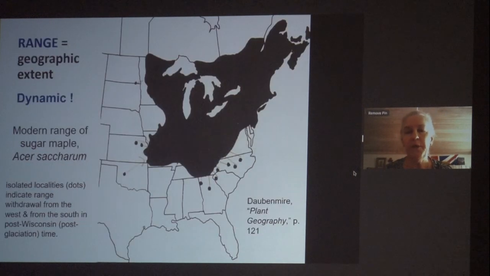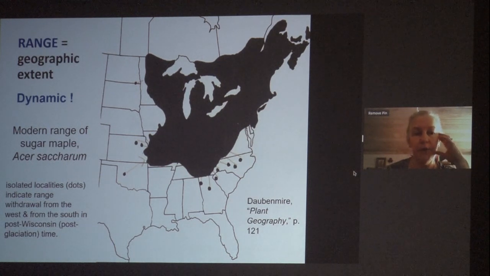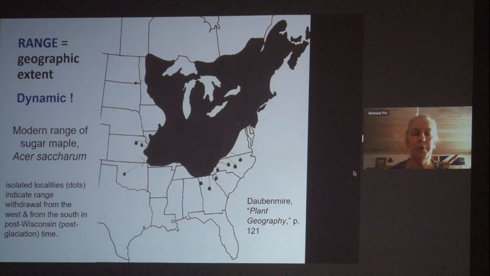All of this implies range, geographic range, for trees and other taxa. And it's important to understand, and I'm sure it's obvious enough, that this is not a static phenomenon, that range is dynamic.